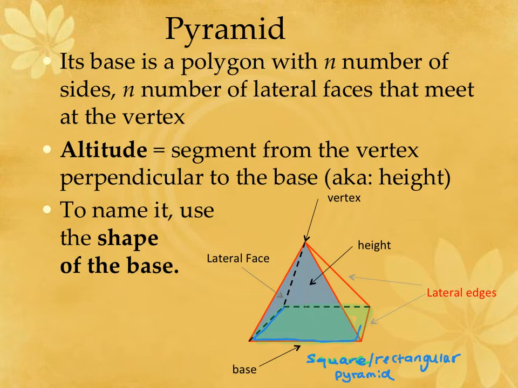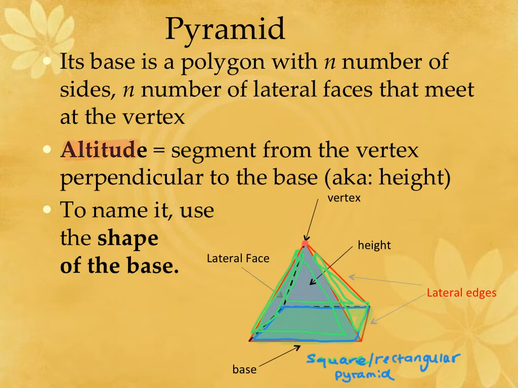That bottom is the base, that quadrilateral, and because it has four sides, it's going to have four lateral faces: 1, 2, the back one, and this left one. They all meet at the point at the top, which is called the vertex.